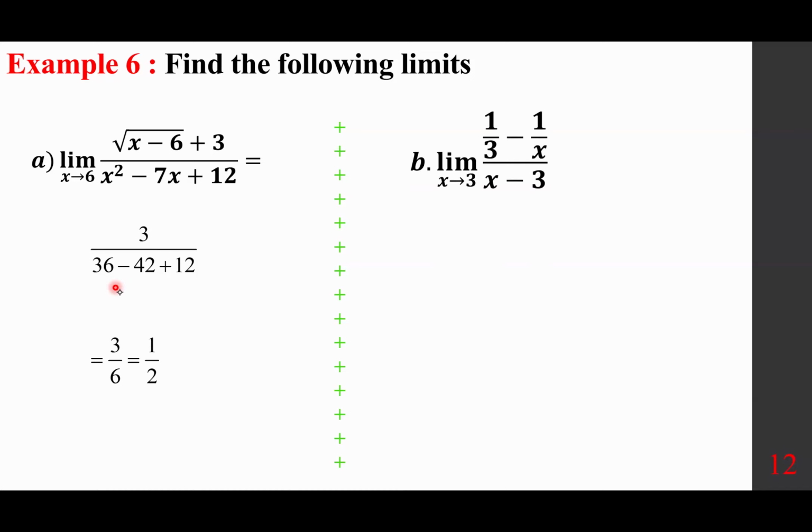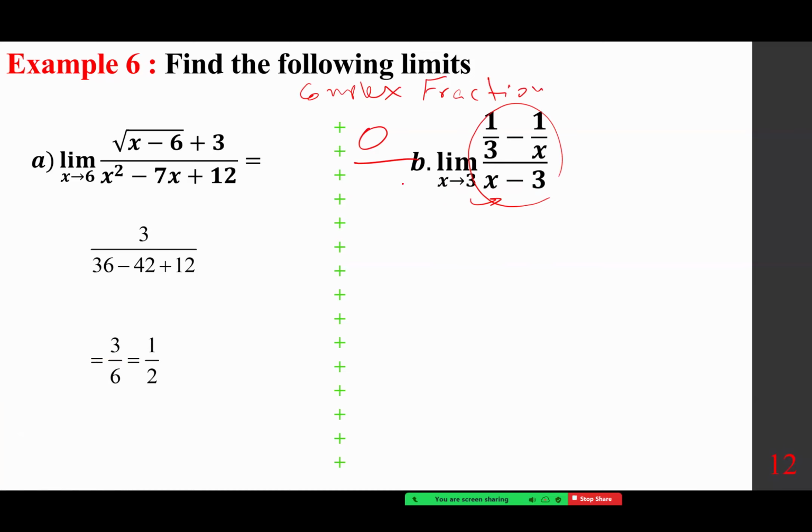The limit of (1/3 minus 1 over x) over (x minus 3) as x approaches 3. This is a complex fraction, everybody. And if you plug in 3, you get 0 over 0.